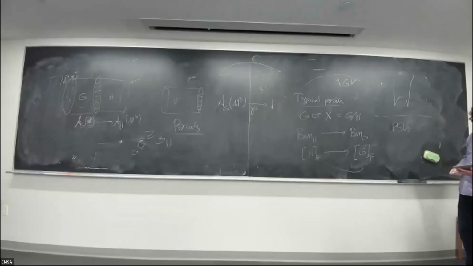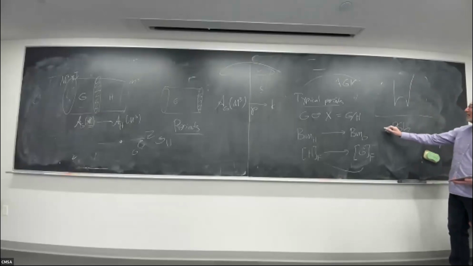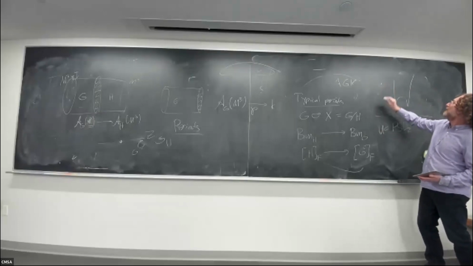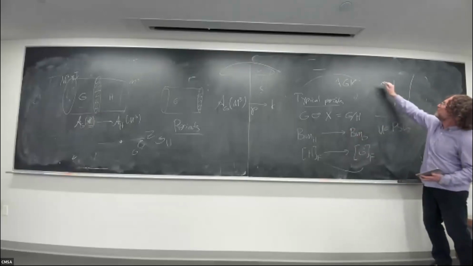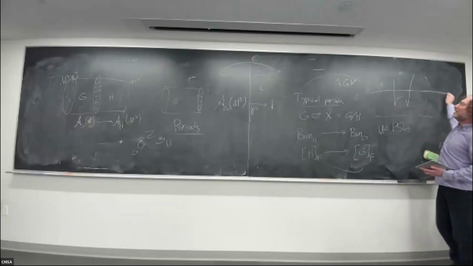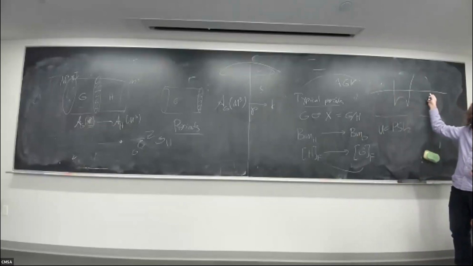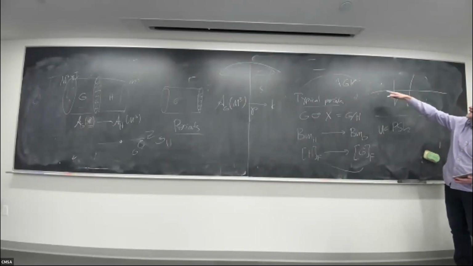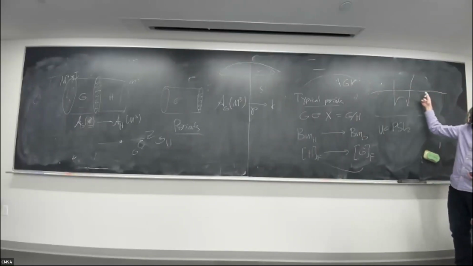There are a couple of interesting subgroups you can look at. For example, you could take the subgroup of upper triangular matrices in PSL2, and this construction corresponds to looking at a horizontal line. That's this inclusion. So you can take a modular form and integrate it along a horizontal line. That's called the constant term.